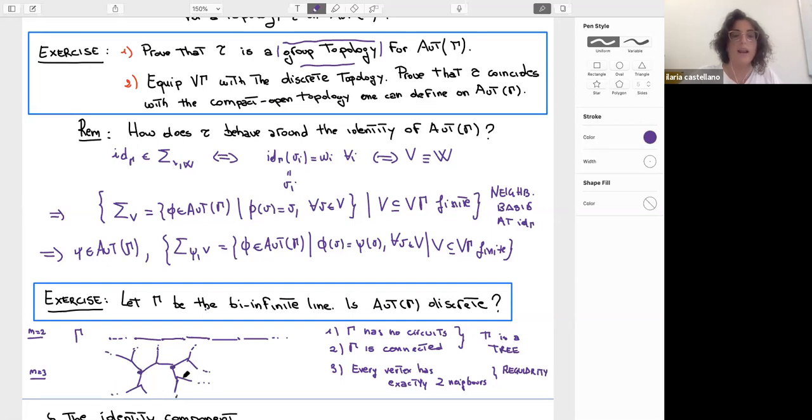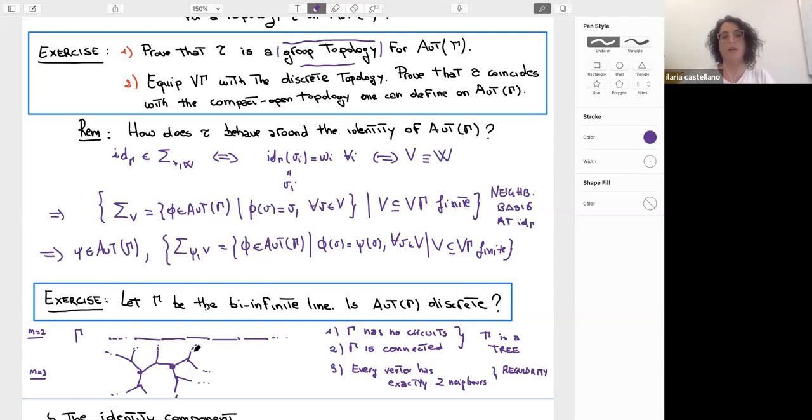And now let's try to do the same exercises I gave you before for this tree. So just try to think about the possible automorphisms that you can have. I'm not asking you to actually prove, but try to think about some possible automorphisms and prove that the automorphism group of this tree is non-discrete with the compact-open topology.